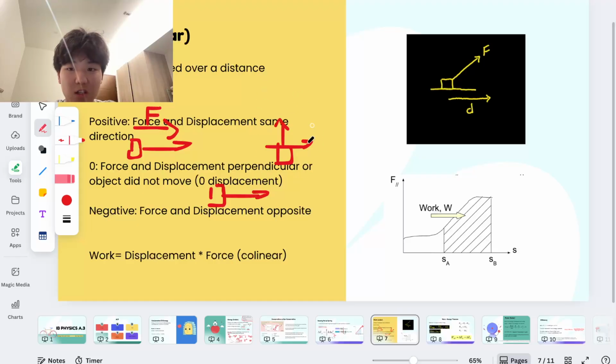In the first situation where it's 0, it's because the cosine of 90 degrees is 0. So basically your horizontal component would be 0, and anything times 0 is 0, regardless of how far it moved. And in the second scenario, even if you push it with 1,000,000 newtons, if it doesn't move, then your displacement is 0, and anything times 0 is still 0.